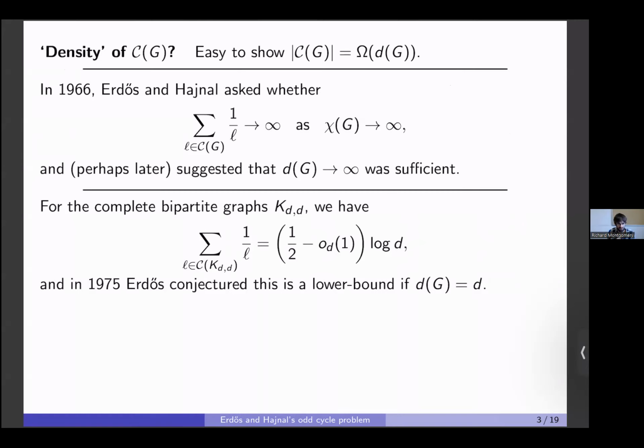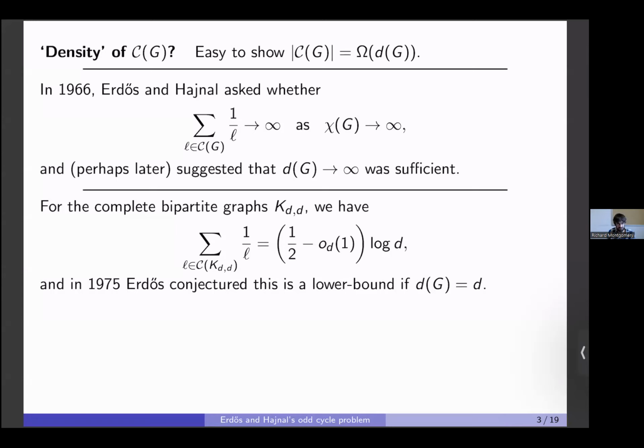So the sum of the reciprocals of all those integers would be log d, but we're only getting the even ones. So our sum is about 1/2 minus some little error term times log d. And certainly in 1975, it's written down, Erdős conjectured that this should be an asymptotic lower bound for graphs with average degree D.